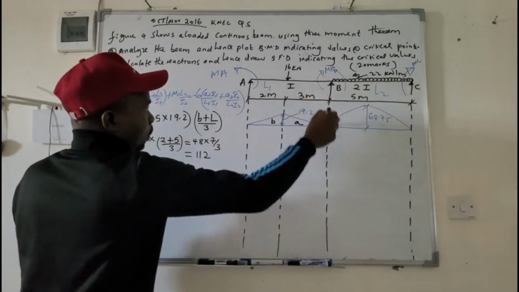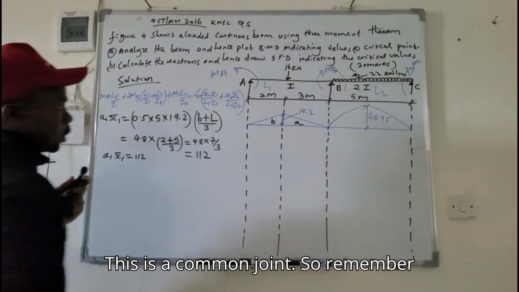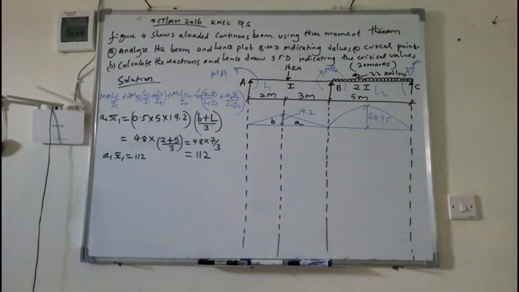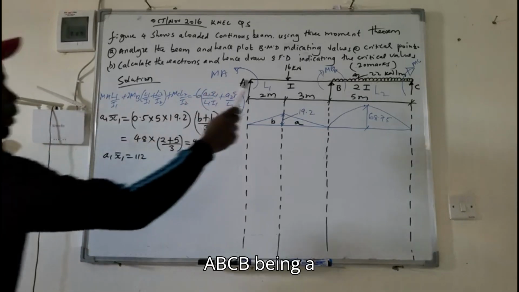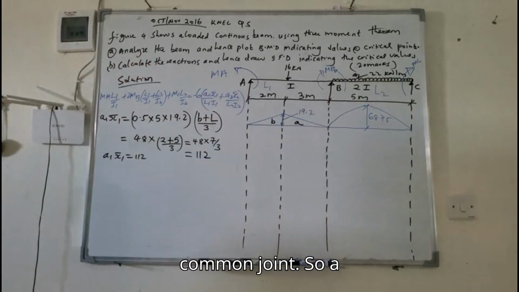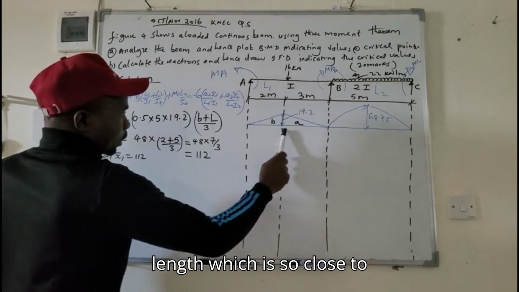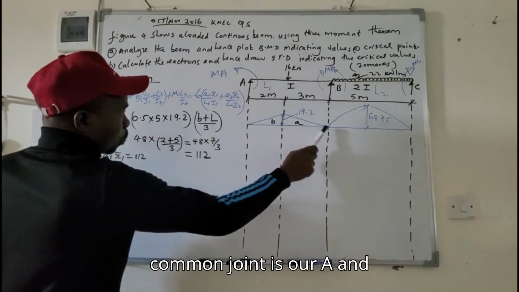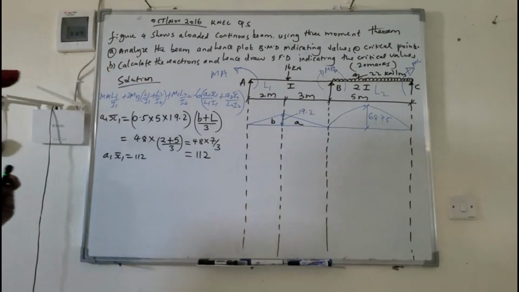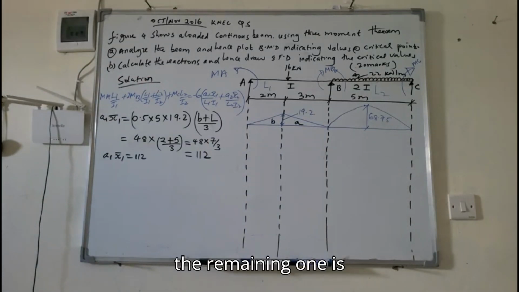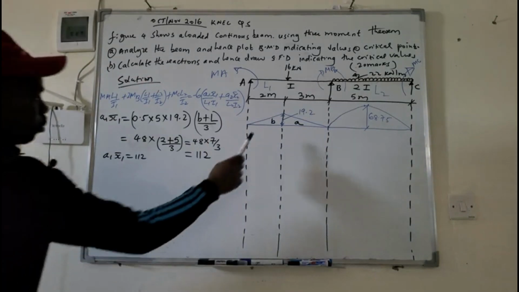This is a common joint. Remember, we selected our spans AB, BC, B being a common joint. So the length which is so close to the common joint is our A, and the remaining one is B.